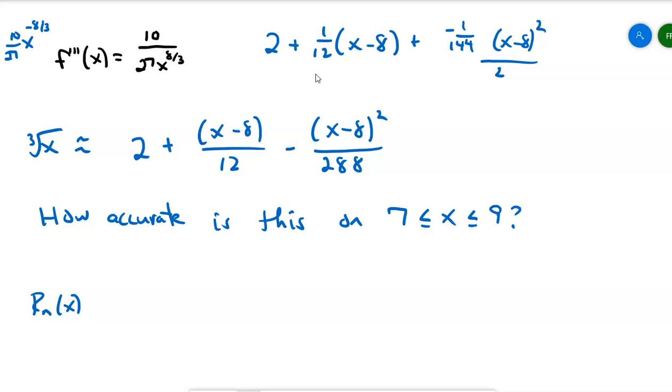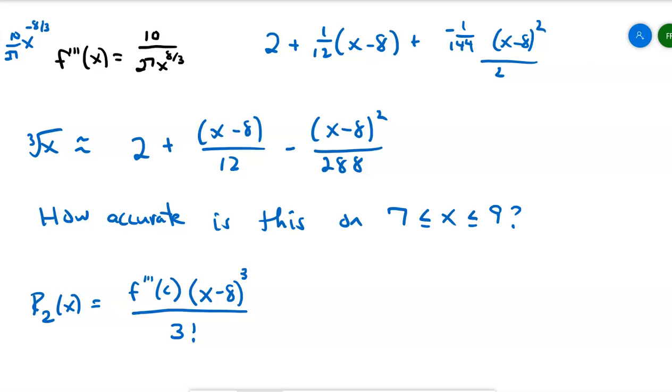So if I stop after 2 terms, the remainder is going to be the third derivative at some c value, times x minus a, which in this case is 8, to the n plus 1, over n plus 1 factorial. So right away I filled in a few numbers, right? If I stop after 2 terms, then my n plus 1 becomes a 3. I need a third derivative, and those numbers always match up. The third derivative, the third power, 3 factorial.